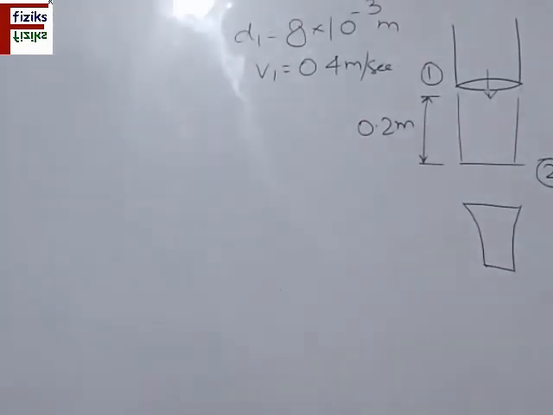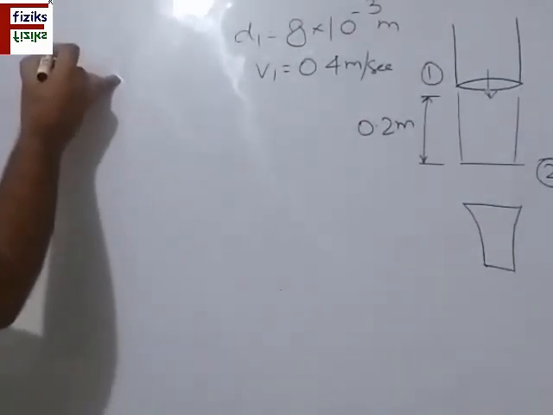So applying Bernoulli equation between 1 and 2. At point 1, the pressure is atmospheric.